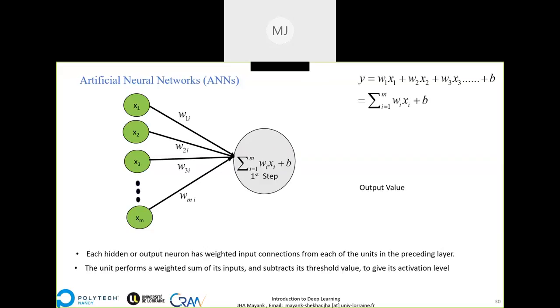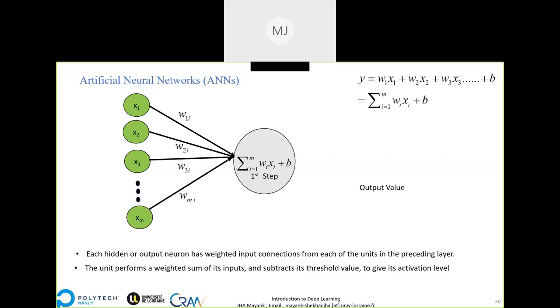And the second step is to apply a non-linearity. So why non-linearity? Because linear functions are not very useful. We can ask ourselves, why are linear functions not so useful?